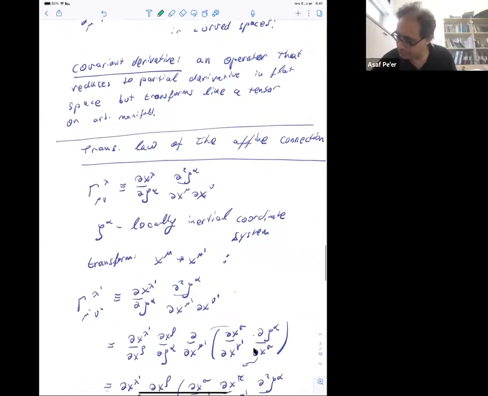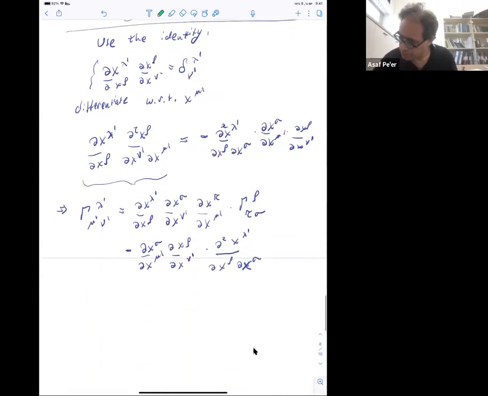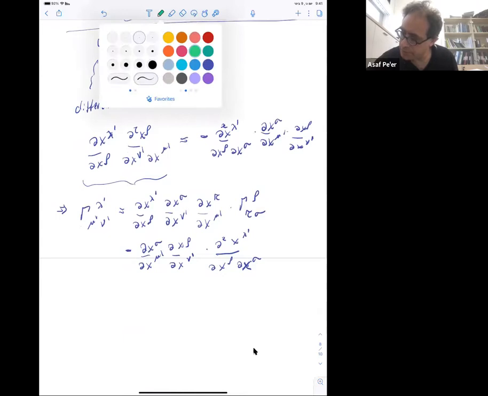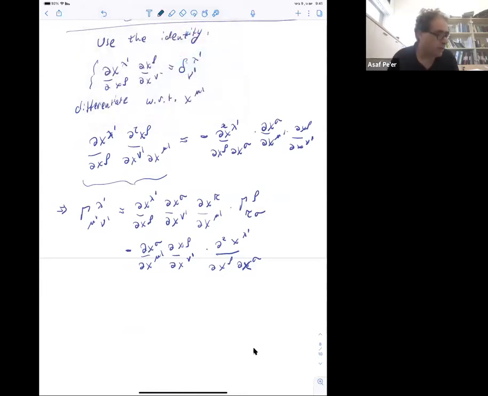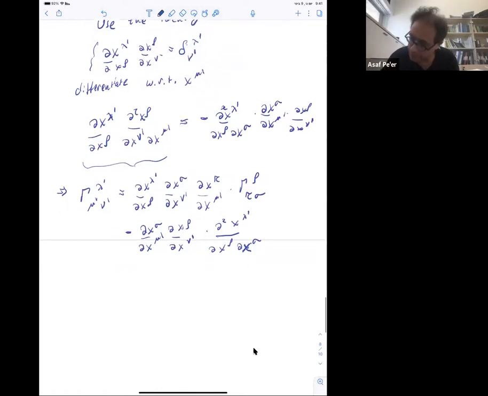But now I have that, so what I'm doing now is to multiply that by v mu prime. So I have gamma lambda prime mu prime times v mu prime.